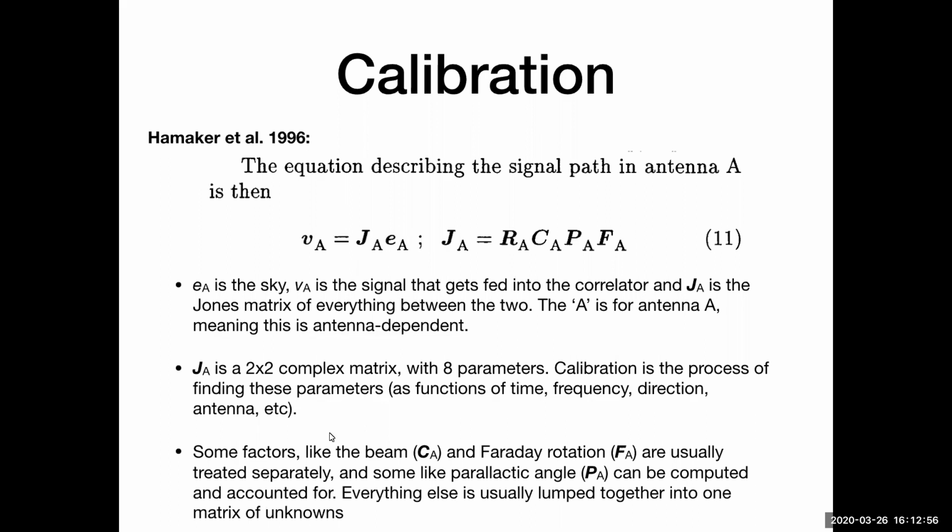Some of these factors are usually treated separately from the calibration process. They can either be done analytically, or they either can't be solved for in the available data or they're not important. And so stuff that can be solved for is usually split out and done mathematically directly in the algorithms, and anything that can't be solved for just gets lumped in, and you get these 8 unknowns.